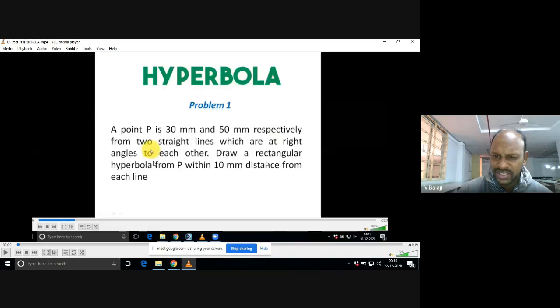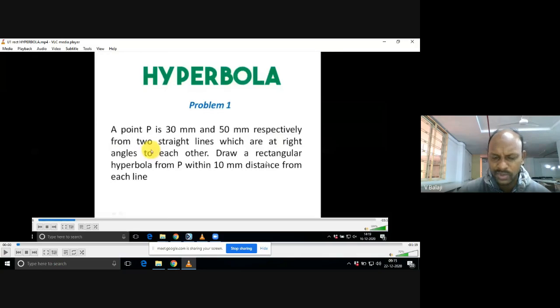Whenever I say 90 degrees, ortho means 90, and these asymptotes are known to be orthogonal asymptotes. Even if you see the rectangle, the sides of the rectangle are at 90 degrees, perpendicular to each other. That's why this hyperbola has the special name rectangular hyperbola.